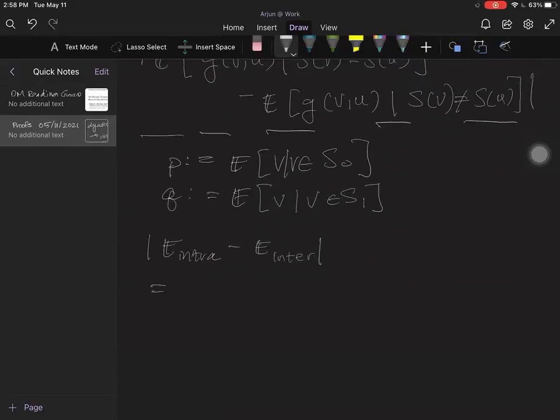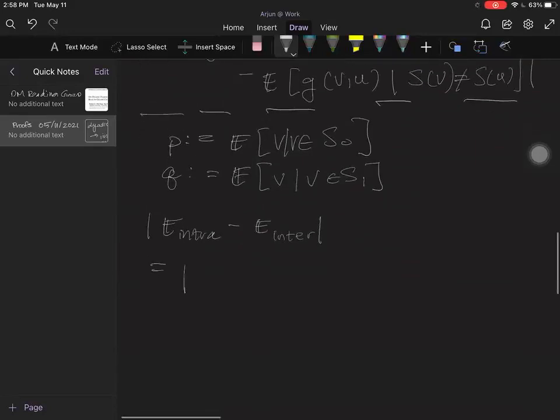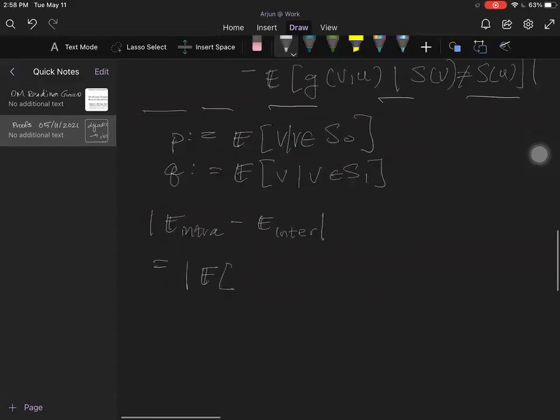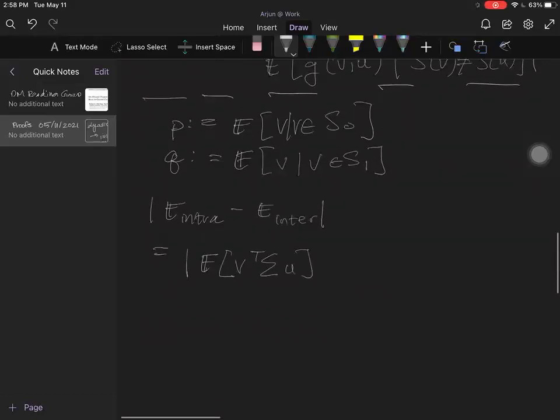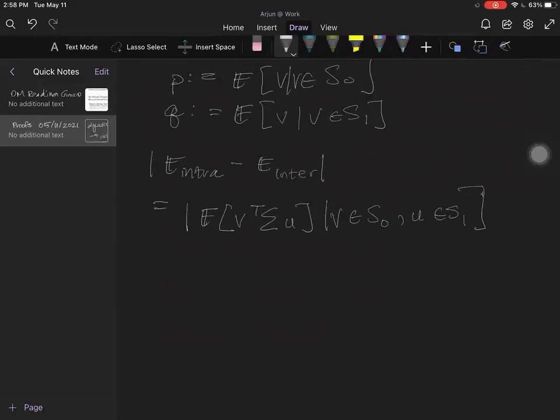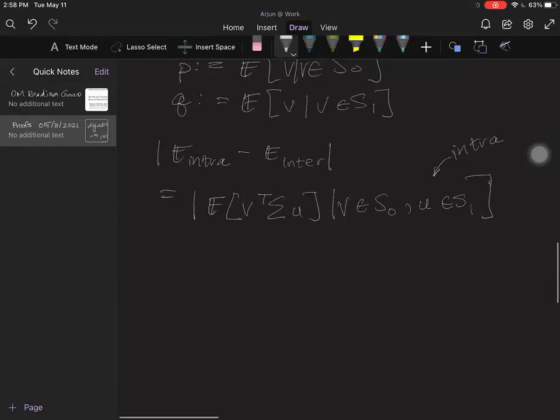So we're going to expand this a little bit. We know that this is going to be equal to the expectation of V transpose sigma U given V is in S0 and U is in S1. So this is going to be all our inter links, right? So this component is the inter, the sensitive attributes are different.